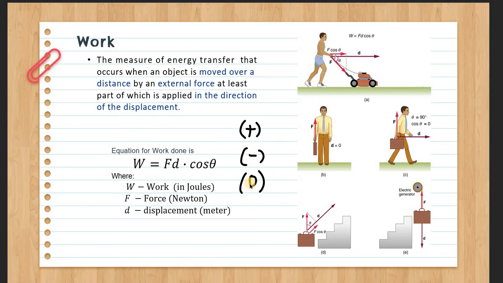And if the force and the displacement is perpendicular to each other, like this example, then work is zero. Okay, so in terms of angle, kapag acute yung angle or less than 90, positive yung work done. Pag more than 90 or obtuse angle, negative yung work done. Pag equal to 90, zero naman yung work done.